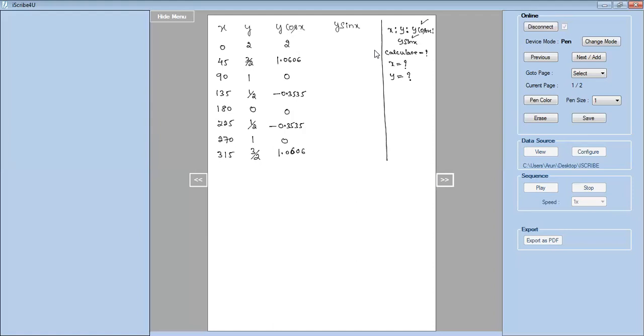And similarly, y sin x values are 0, 1.0606, 1, 0.3535, then again 0, minus 0.3535, then minus 1, and minus 1.0606.